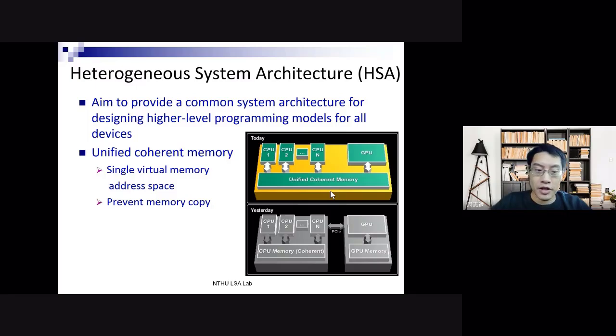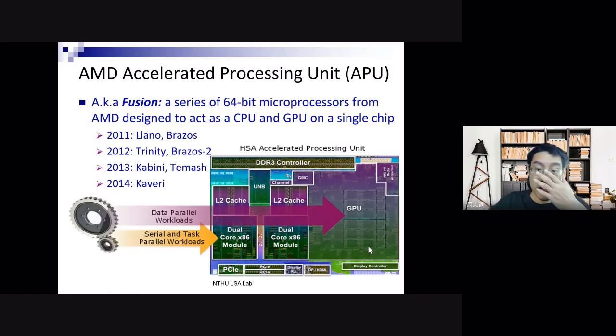Okay, all right. And also, HSA is a hardware solution, so that's why for us especially, we are more interested in solving the problem for the commodity server, right? Okay, and here is an example for HSA. Today there are already quite a few processors or computer systems built on HSA architecture.